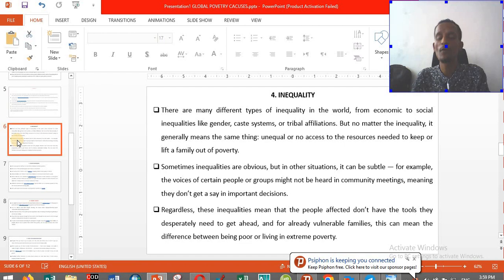Regardless, this inequality means that the people affected don't have the tools they desperately need to get ahead, and for already vulnerable families, this can mean the difference between being poor or living in extreme poverty.